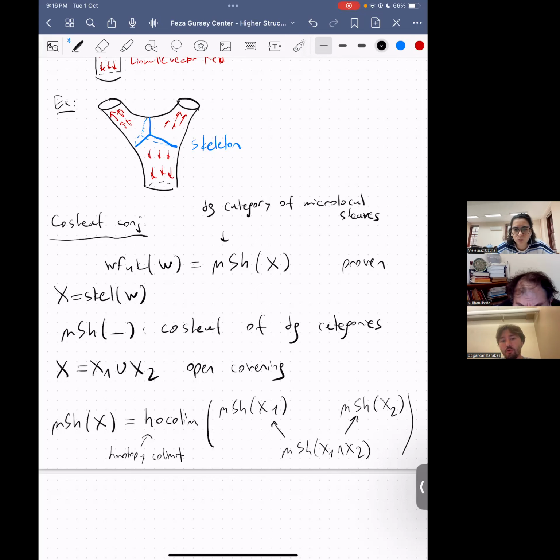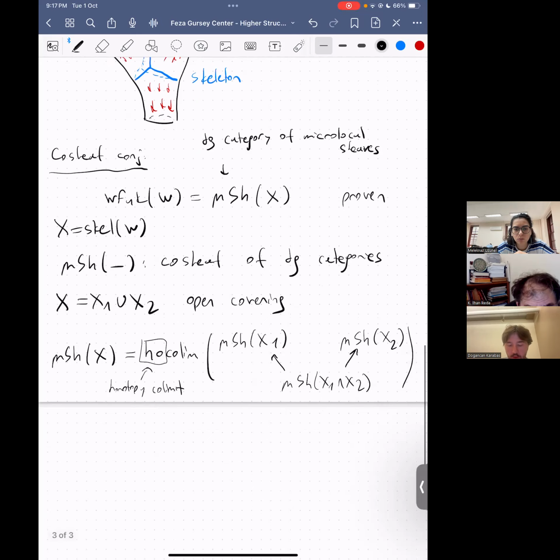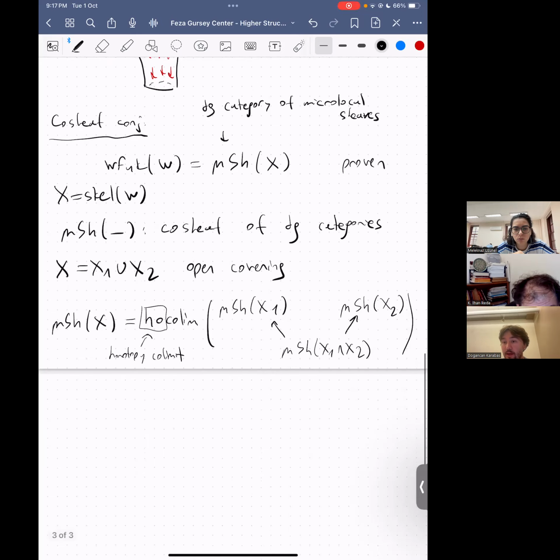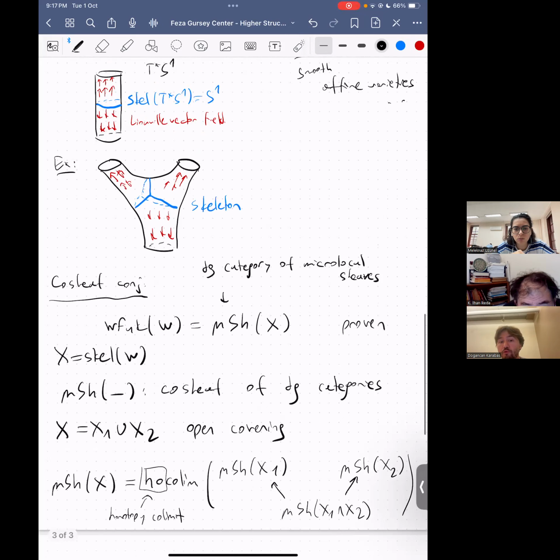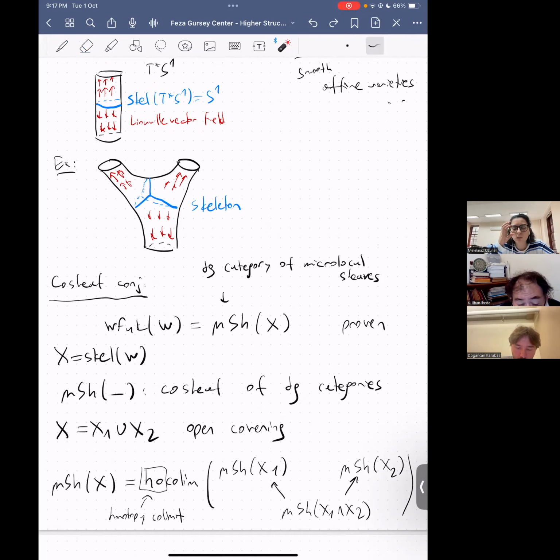Therefore, here the gluing is a colimit, a homotopy colimit. This formula tells you that you can compute categories from local to global. For each piece, you can look at the neighborhood of the singularity, compute some microlocal sheaf category there, and the other side, and then glue them.